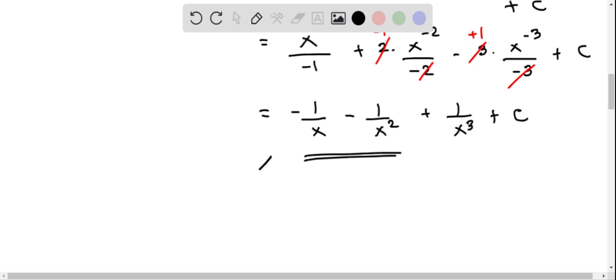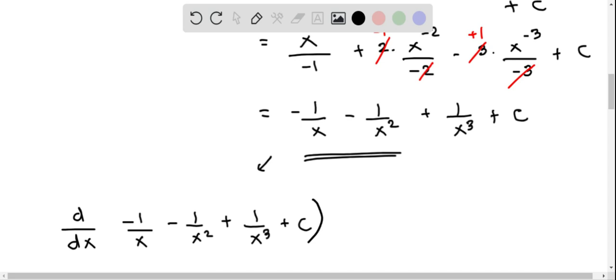So I'm going to copy this and differentiate this. So I write down d by dx of minus 1 by x minus 1 by x squared plus 1 by x cube plus the constant c, which I can write down as differentiating each term. So I write down like this: d by dx of minus 1 by x. Basically, we are applying the sum rule.